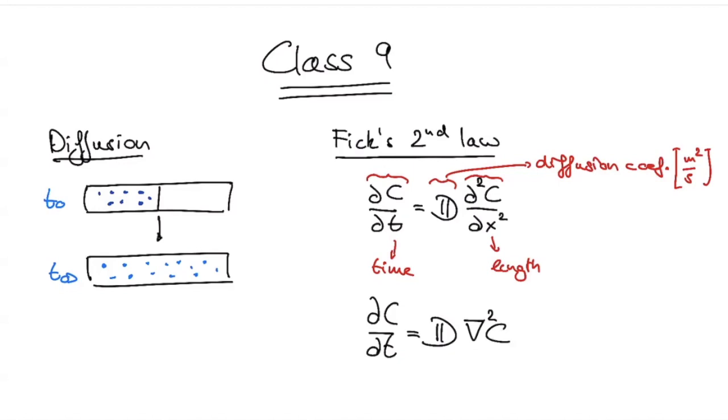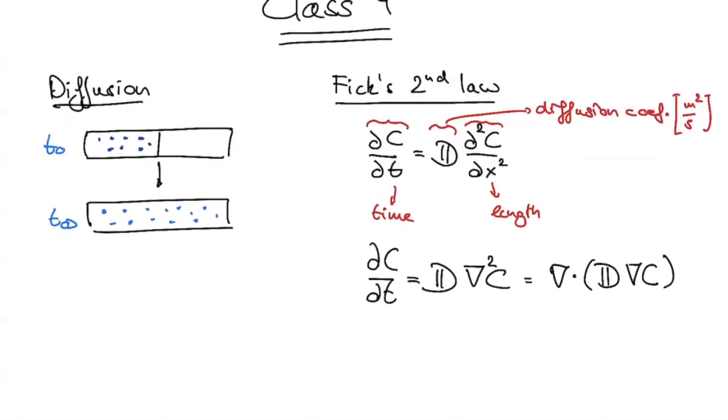So this is if the diffusion constant is really a constant, but sometimes your diffusion constant can be a function of concentration or a spatial dimension. So then you would write it like this. So what is this operator? It basically is the following.